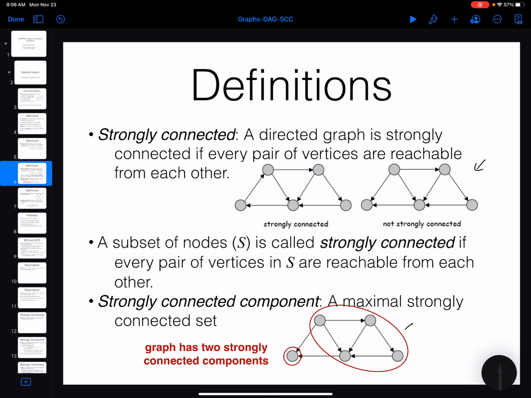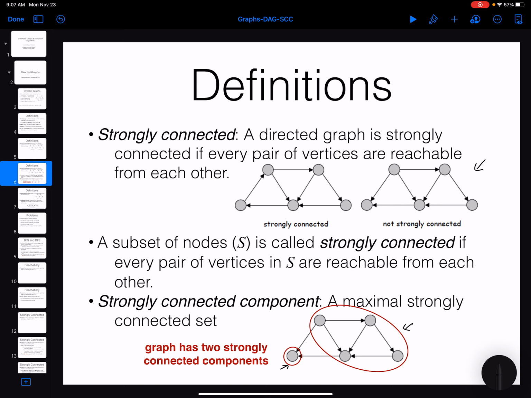All of these four nodes are strongly connected to each other. For each pair that you choose, both sides of the pair are reachable from each other. And this node alone is going to be another component, because this node cannot reach any other node in the graph. So you have two strongly connected components.